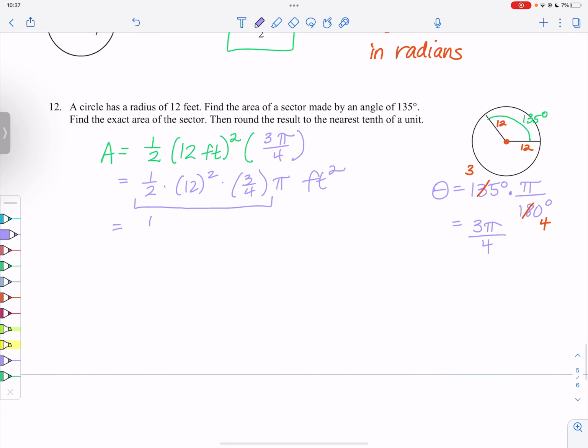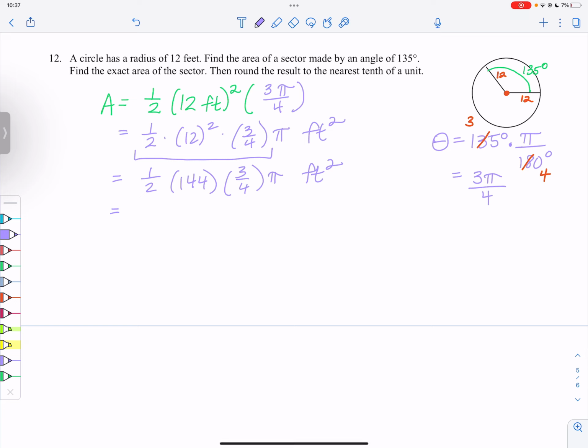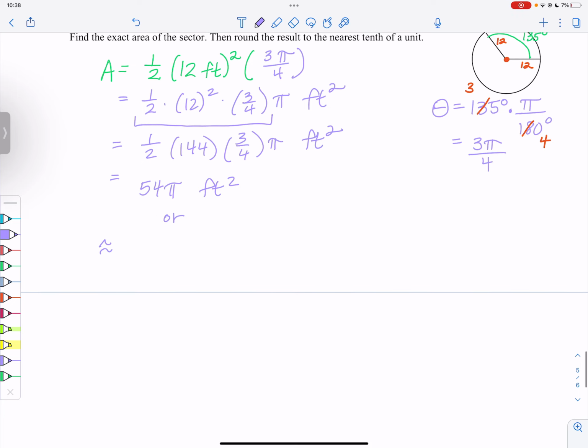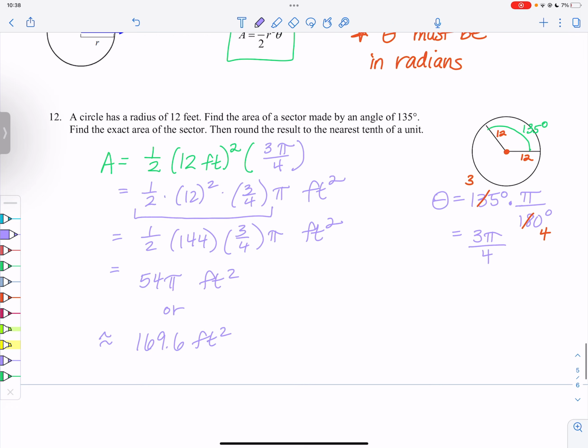You might even want to write this out, times 144 times 3/4, and then we have that pi again and our units. And if you multiply all of that out, you'll come up with 54 pi square feet. Or if you put 54 in your calculator and multiply it by pi, you will have 169.6 square feet. And that concludes this section.